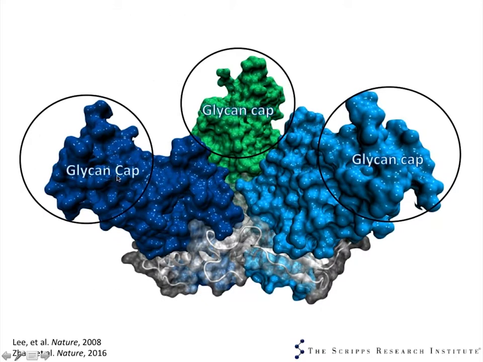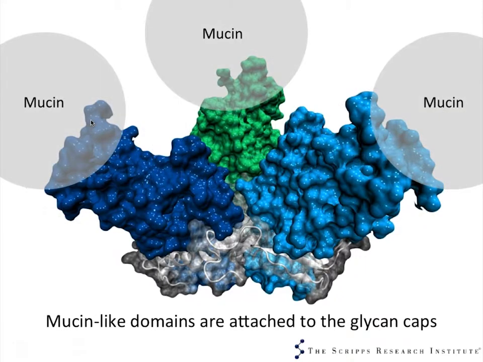Now, on each of the GP1 subunits, there's something called the glycan cap, which is a heavily glycosylated region of GP. And attached to each of these glycan caps is a further glycosylated region called a mucin-like domain. Now this is O- and N-linked glycosylation, and they're very, very large.